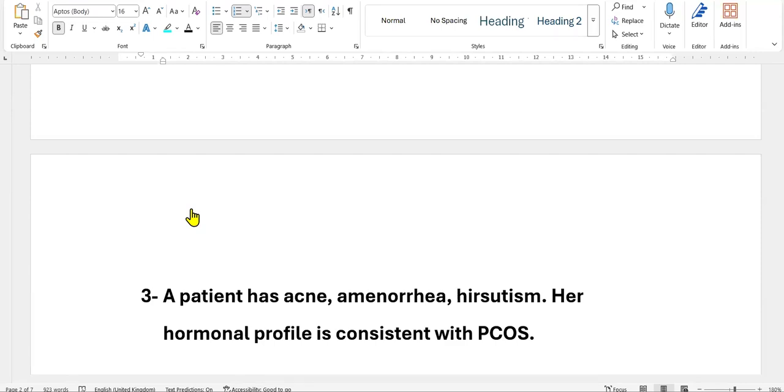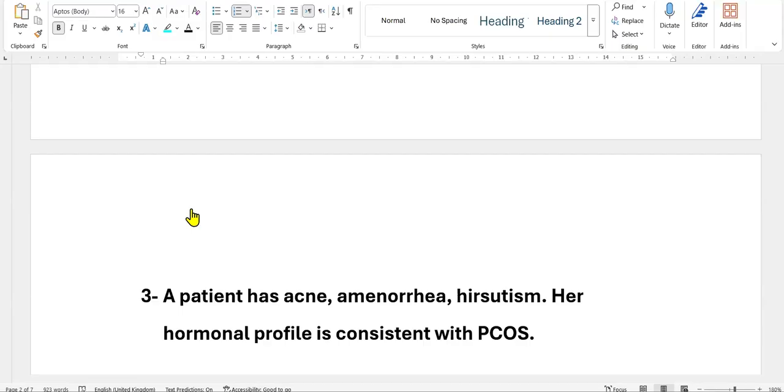In the same way, don't make it so simple that it is not credible. Got me? So either you explain acne, or you summarize: you have acne and you didn't get your period with some excessive hair in your body, with the hormonal profile that you have.